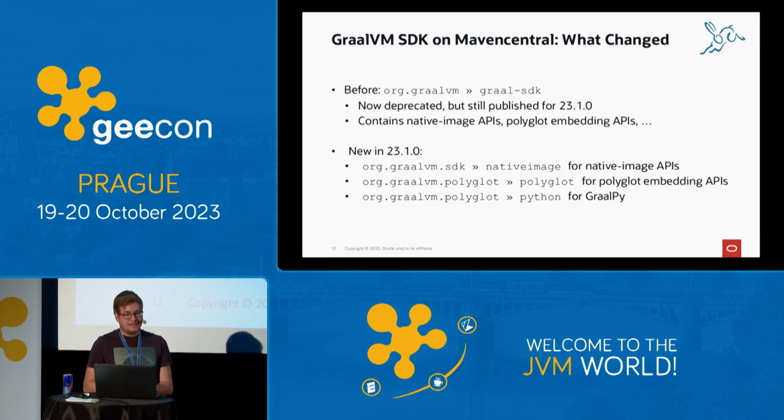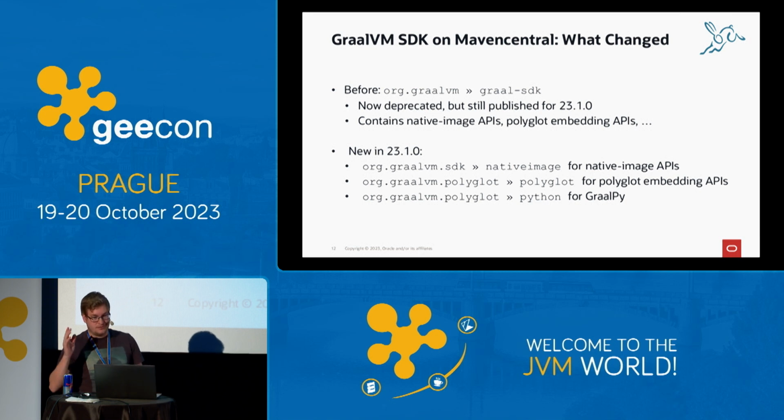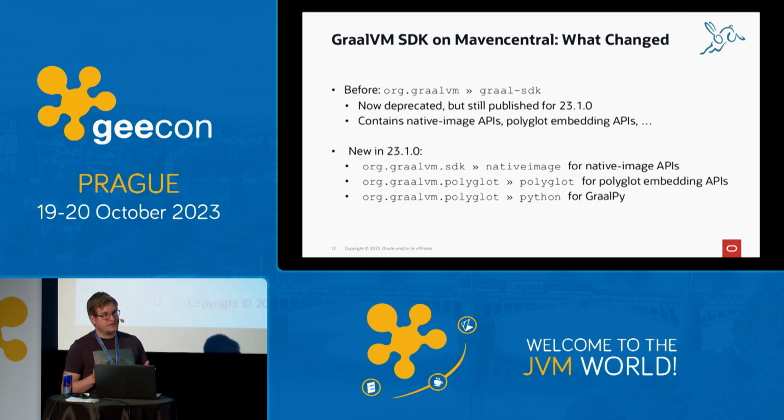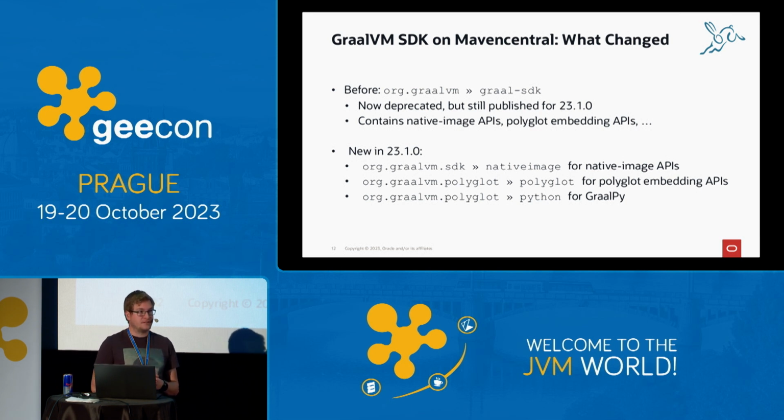This is now deprecated. It's still published for 23.1.0 and so on, but it's deprecated. And this thing contained not only the polyglot embedding APIs, but also the native image APIs and a few other APIs. So we decided to refactor that and split that into several artifacts. So there is one for native image and one for polyglot embedding, and new are the artifacts for the languages.